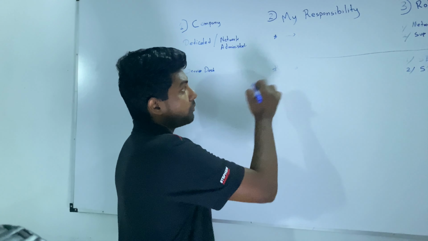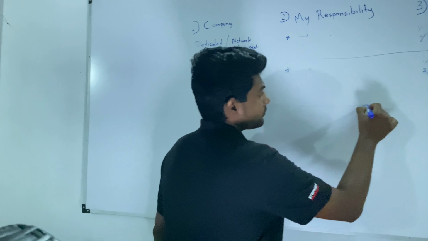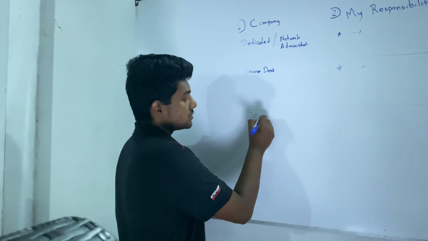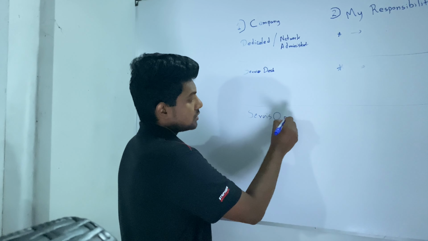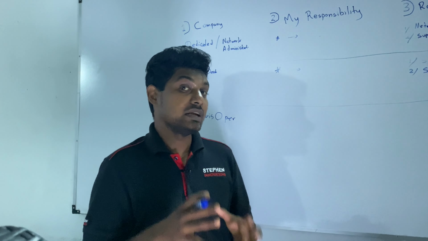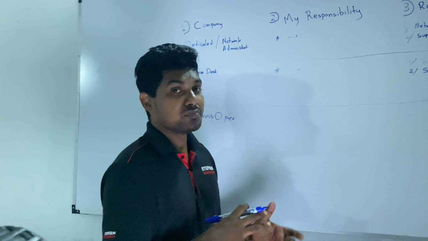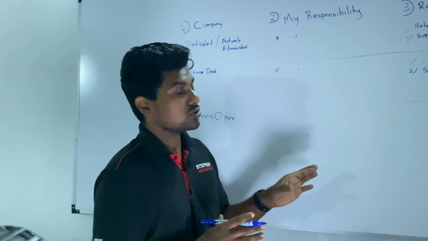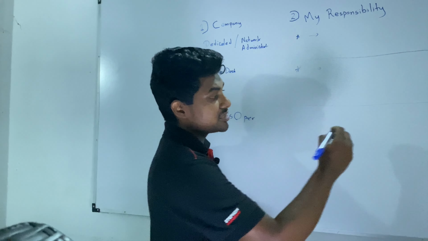In my opinion, for service operations we should have a dedicated team. Incident management, problem management, there are several things for that. Also we have to manage an operational unit.